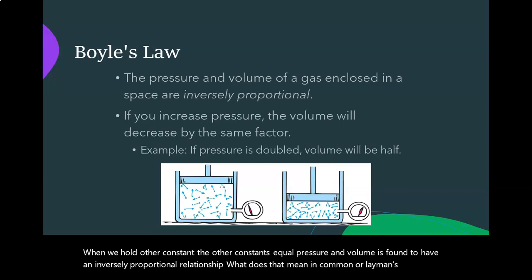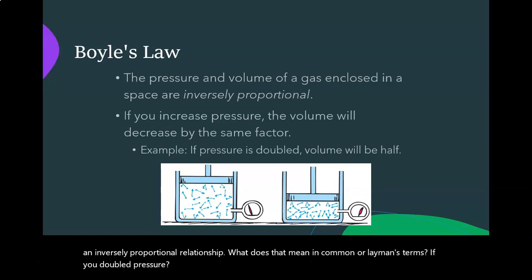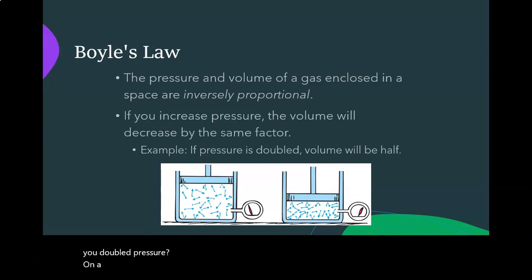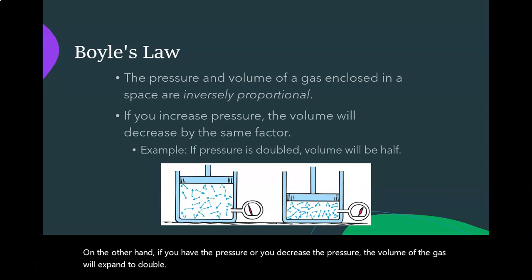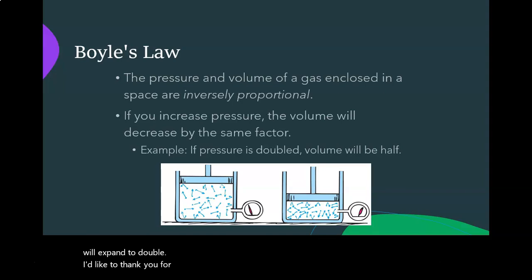If you double the pressure on a gas that is enclosed, the volume will be half. It is directly inversely proportional. On the other hand, if you half the pressure or you decrease the pressure, the volume of the gas will expand to double.